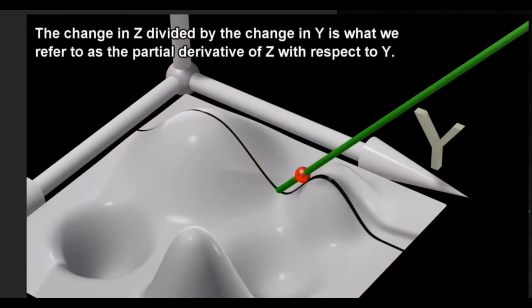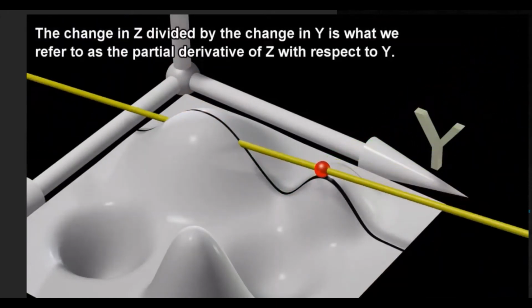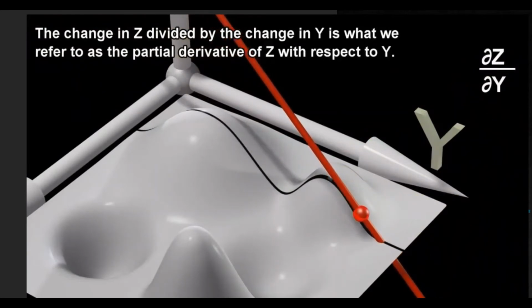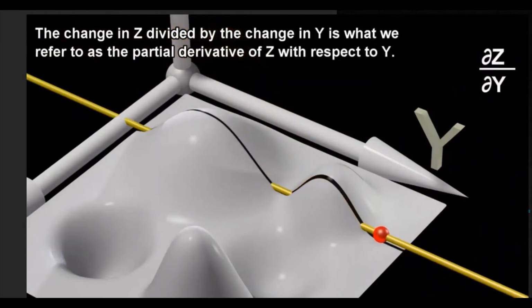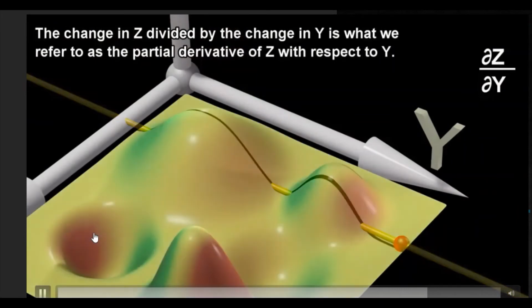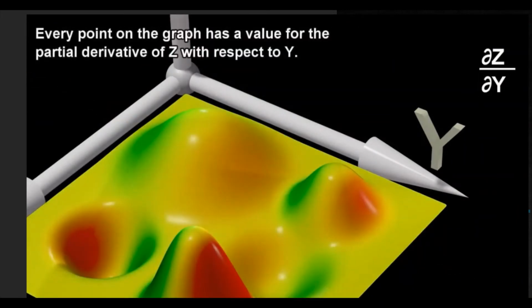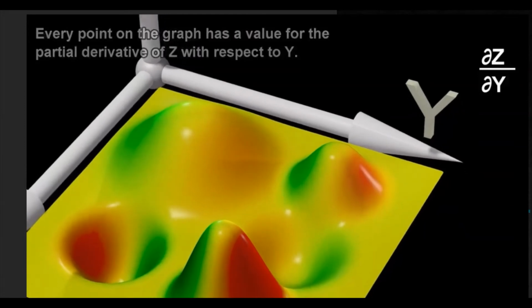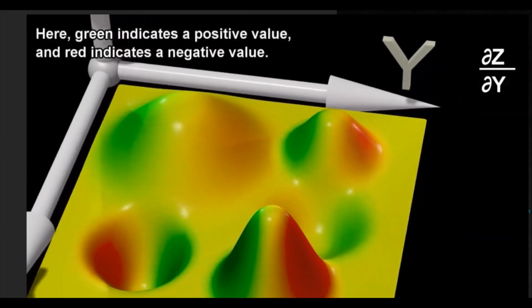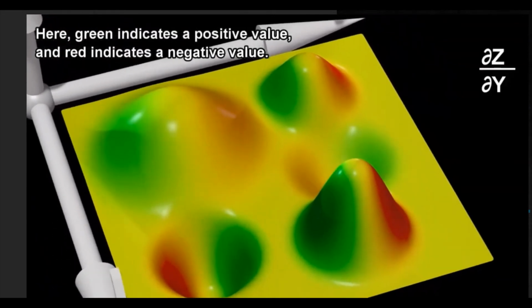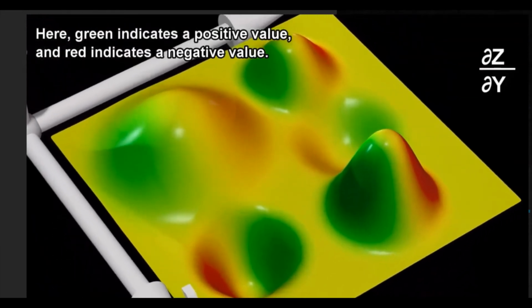The change in z divided by the change in y is what we refer to as the partial derivative of z with respect to y. Every point on the graph has a value for the partial derivative of z with respect to y. Here, green indicates a positive value, and red indicates a negative value.